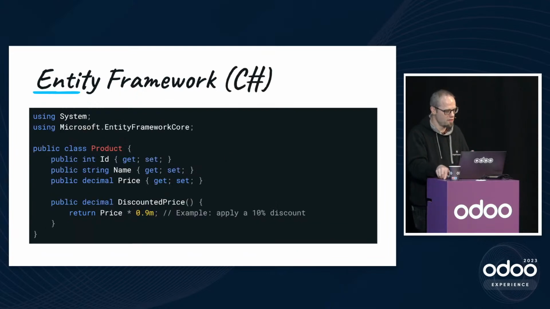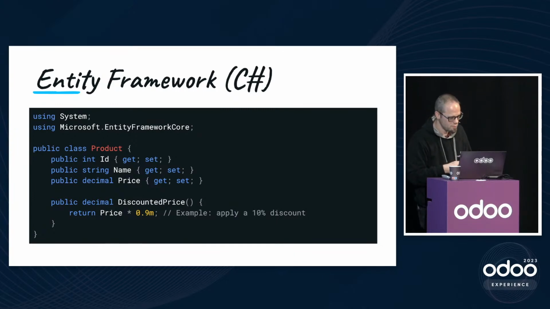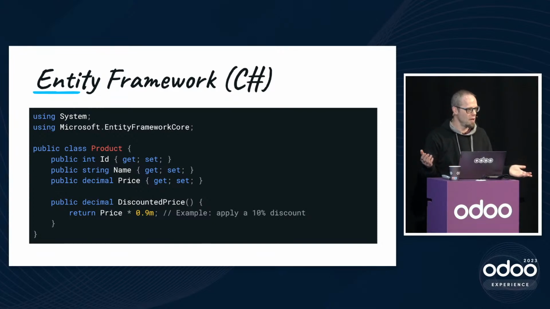Here's another example. We've taken Entity Framework Core, which is Entity Framework for C#. And it looks pretty similar. This is also something that looks like a computed field. It's essentially a getter method. And like the other one, by default, it's computed on the fly, read-only, not in the database.